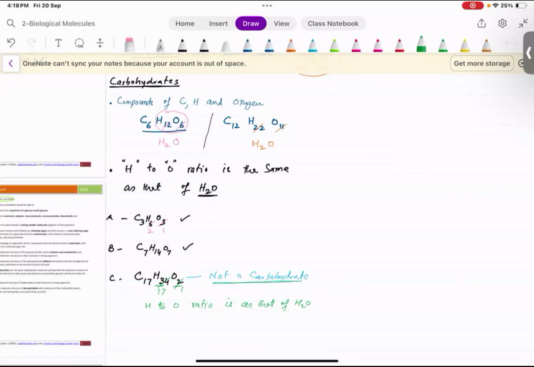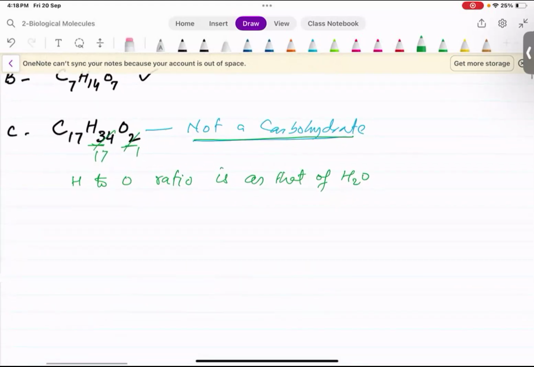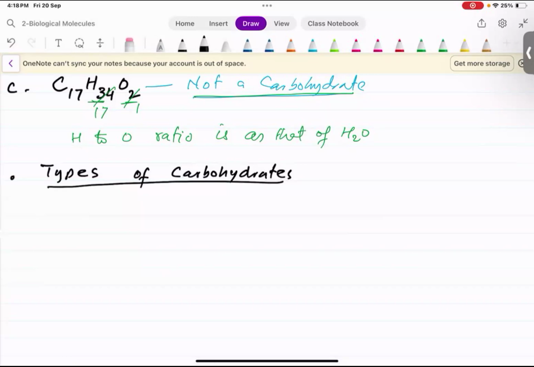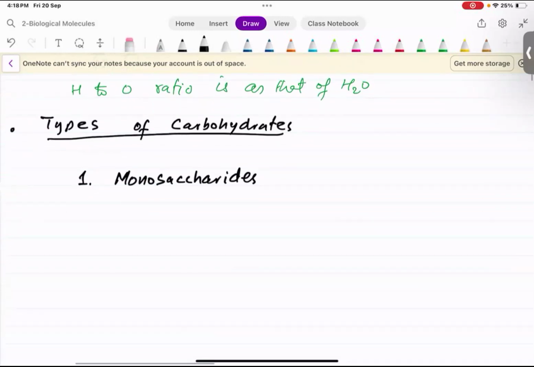There are 3 types of carbohydrates. Types of carbohydrates. We have number 1, monosaccharides. Okay.